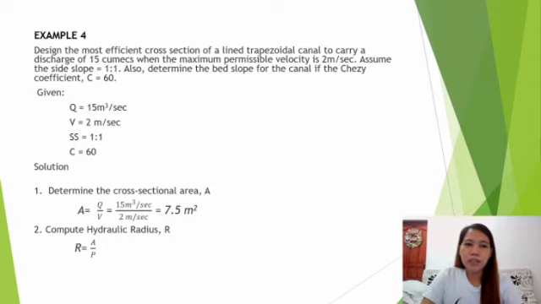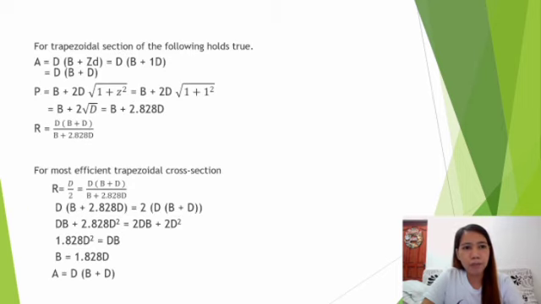The first step is to determine the cross-sectional area. From the given equation, A is equal to Q over V. So 15 over 2, we have 7.5 square meters for the cross-sectional area. Then the hydraulic radius, R is equal to A over P, which we are still unable to get R from.